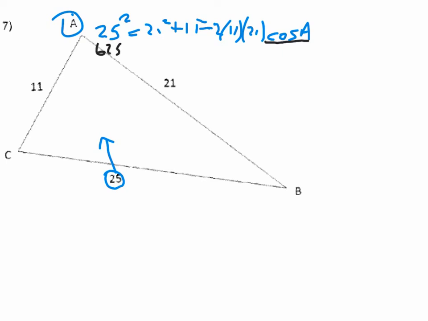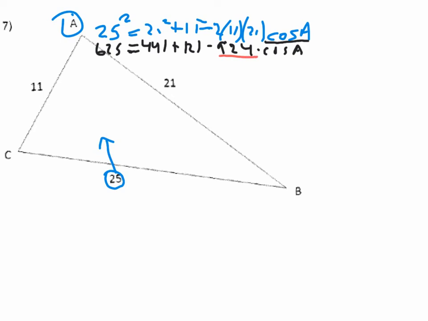This is 625. This is 441 plus 121, and this is 924 times cosine A. So you're going to subtract everything across first before you divide by this number.